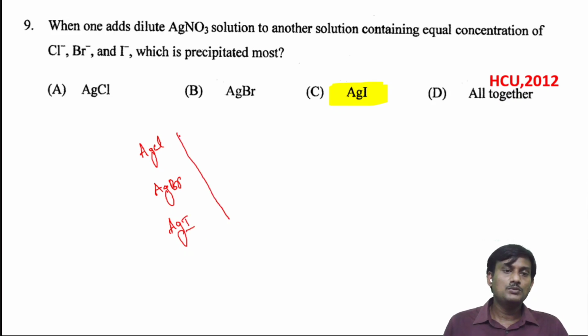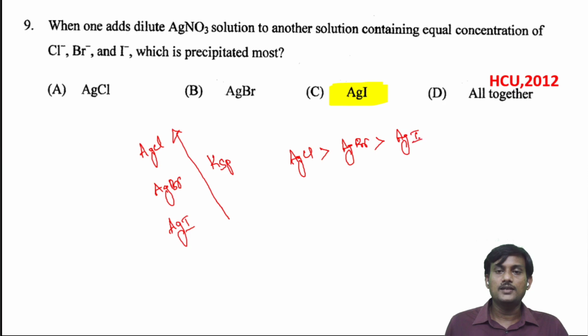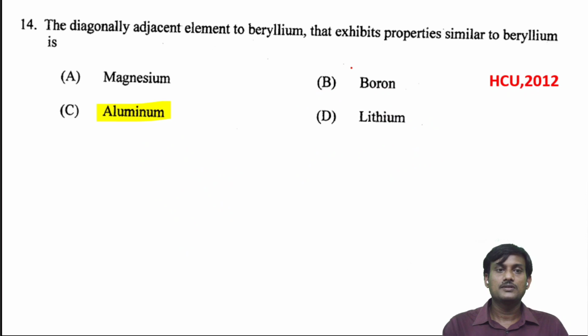If you take the solubility product value, this is the order: AgCl has a more solubility product, AgBr less, and the least solubility product is AgI. The compound which has less solubility product will be precipitated first. So AgI is the correct option.